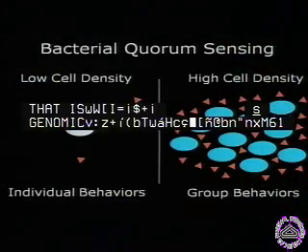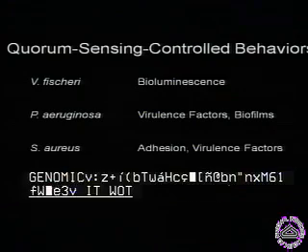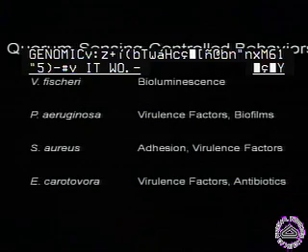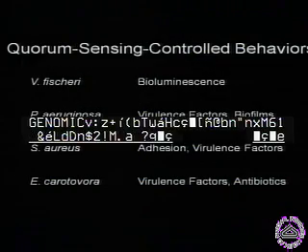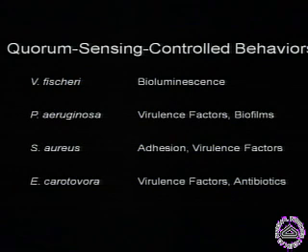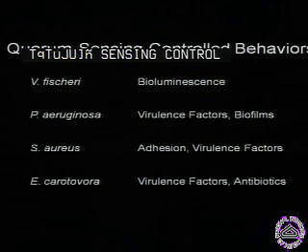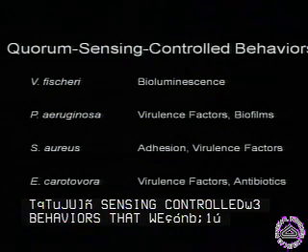We also now know that this is not just about bioluminescence. And so again, I've told you that there's hundreds of examples. I just put a few bacteria on this slide to give you examples of some of the quorum sensing controlled behaviors that we know about. So I told you about bioluminescence in Vibrio fischeri. It's only good to do that when the cells are all together, or else you don't get visible light.